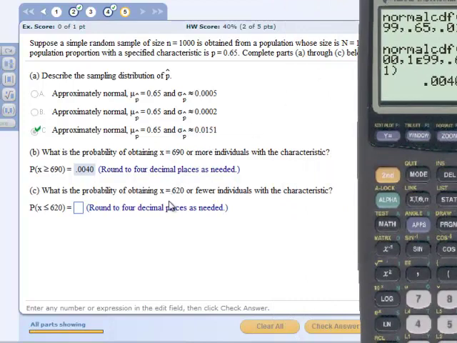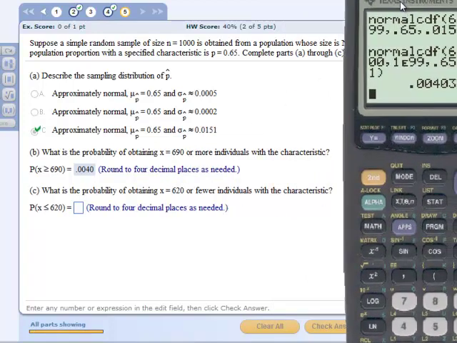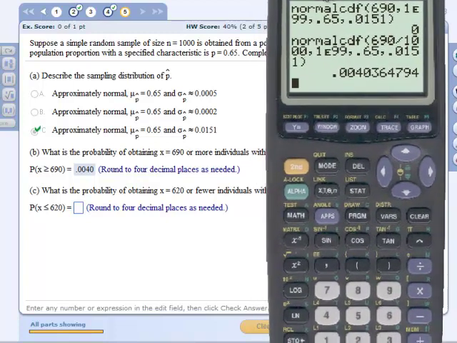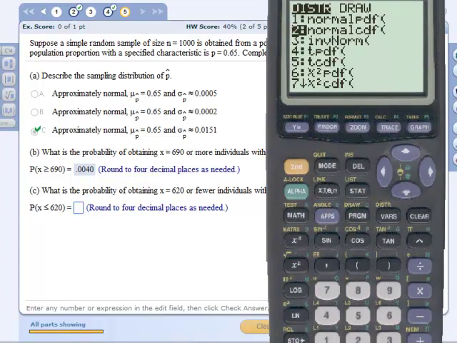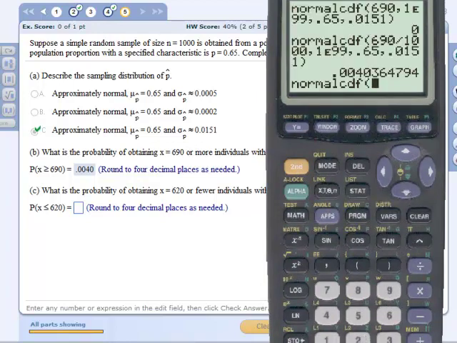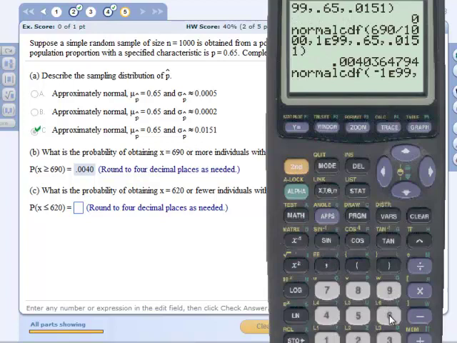Okay, so now we have another one. Probability of obtaining x equals 620 or fewer. So we're going to do normal CDF. Left bound, which is negative infinity, right? Negative 1e99, comma right bound. I'm not going to make the same mistake twice, so 620 divided by 1,000. That's easy enough, that's 0.62, but just to show you it can be done that way.